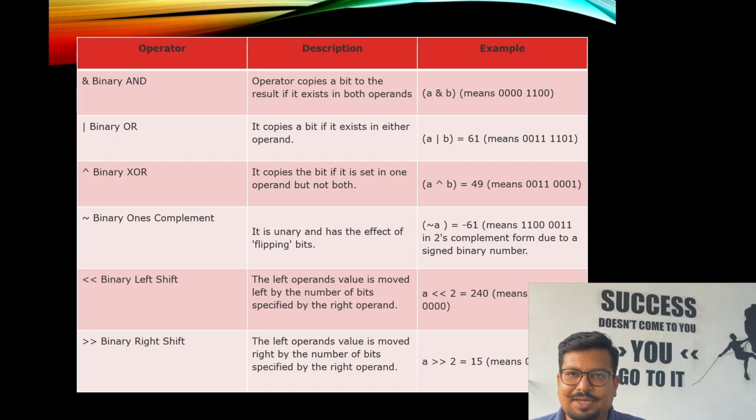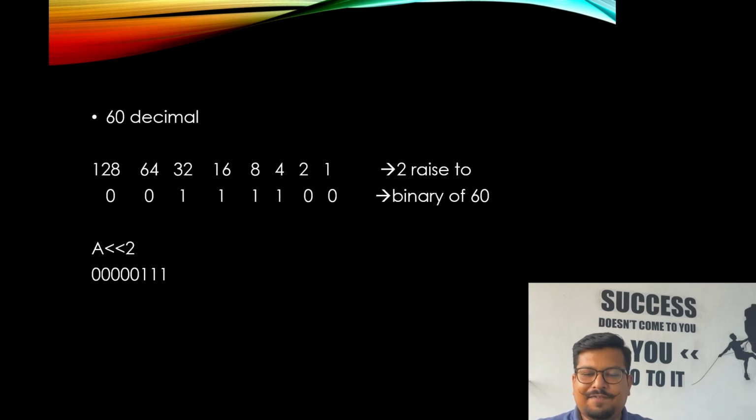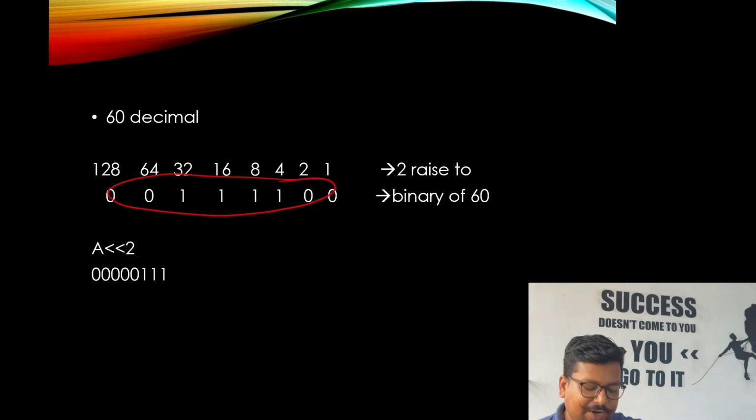So if I consider a value 60 for A, and if I do a right shift, I am going to shift the bits by two positions. Here I have demonstrated the left shift. So entirely this will be shifted to the left hand side.